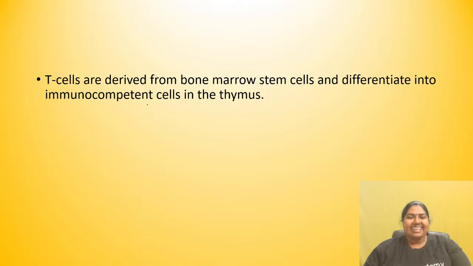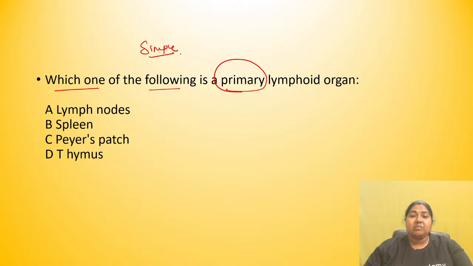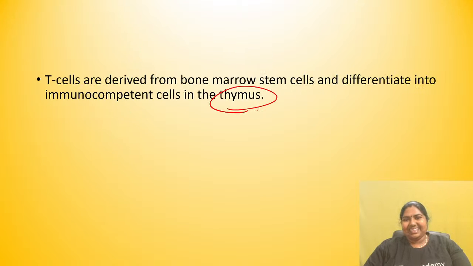Correct. Yes, this is none other than the thymus. The thymus is going to be the primary lymphoid organ. What about the lymph node and Peyer's patch? They are secondary.